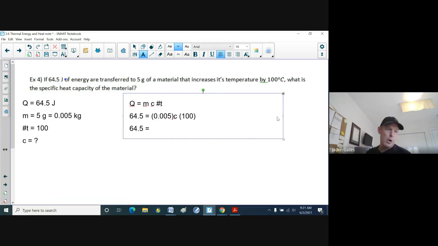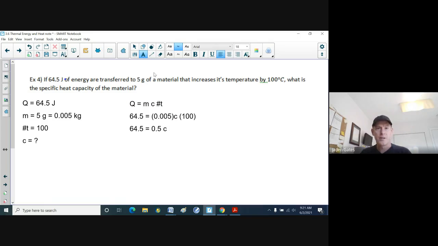When you do multiplying, it doesn't matter which order you do them in. So I'm going to take this 0.005 and times it by 100, and I get 0.5. And then I'd multiply by the C. Last step, I'm going to divide both sides by that 0.5.